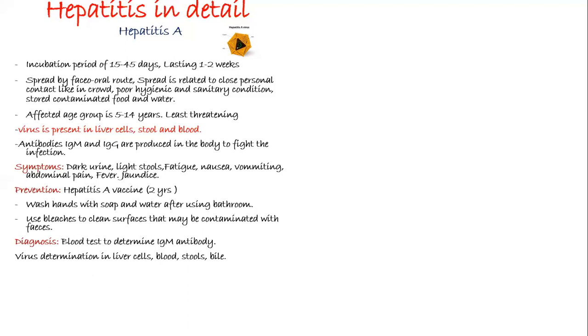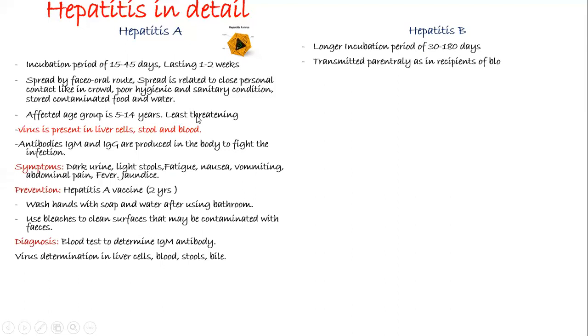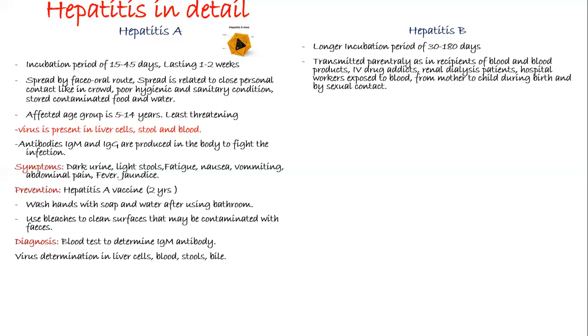Now let's take a look at hepatitis B. Hepatitis B has a longer incubation period, from 30 to 180 days, and it is transmitted parenterally, as in recipients of blood and blood products, drug addicts by IV route, renal dialysis patients, and hospital workers who are exposed to blood. It is also transferred from mother to child during birth, and it might get transferred during sexual contact.